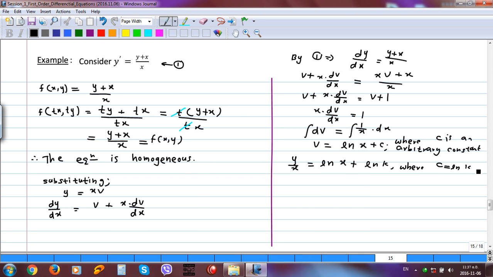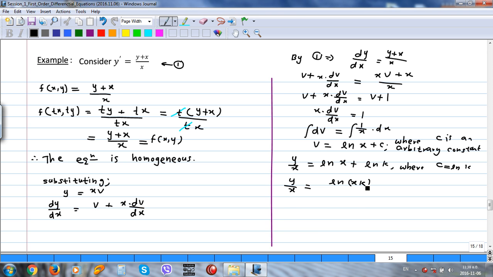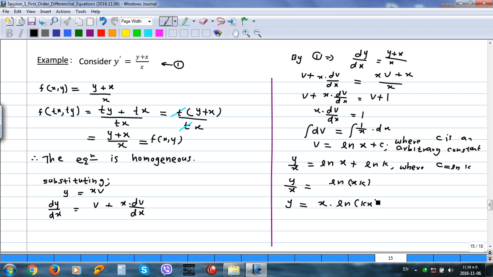Ln addition means we can write multiplication, so y/x = ln(kx). So we can solve for y: y = x ln(kx). This is the answer.